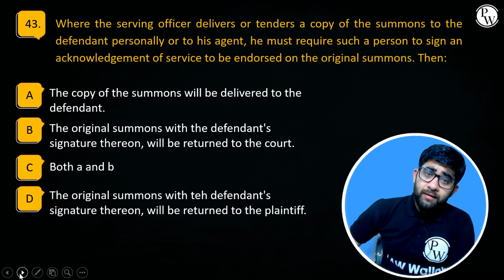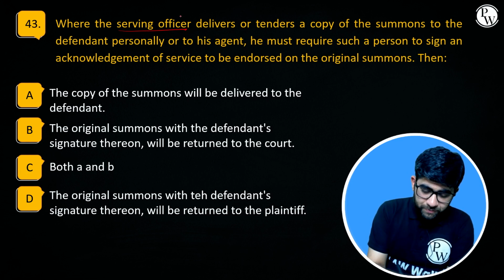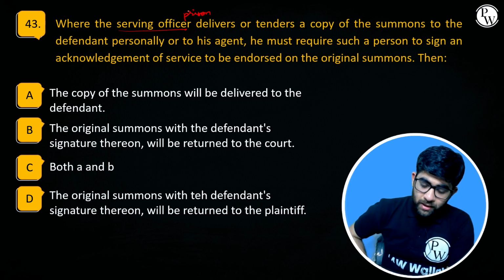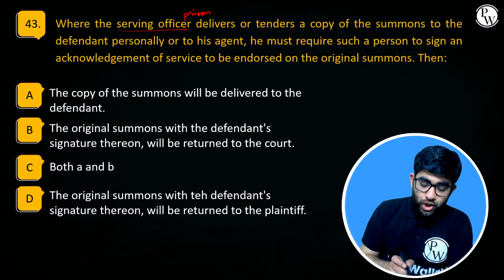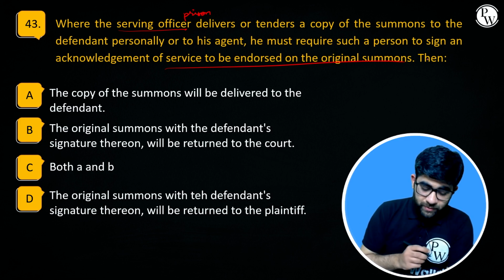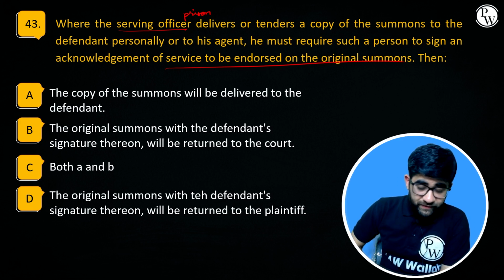Next, 43rd: where the serving officer delivers or tenders a copy of the summons to the defendant personally or to his agent, he must require such a person to sign an acknowledgement of the service to be endorsed on the original summons. Then the copy of the summons will be delivered to the defendant.